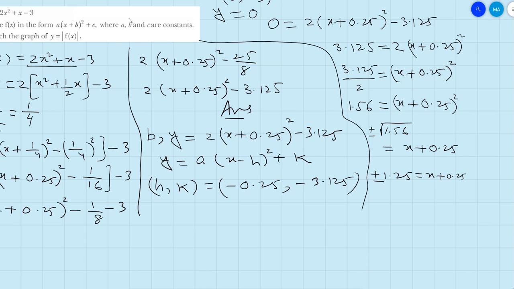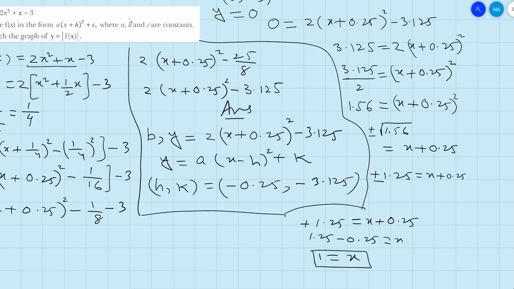Next, +1.25 = x + 0.25. So 1.25 - 0.25 = x, which is 1. So the first value is x = 1. The second is -1.25 = x + 0.25.